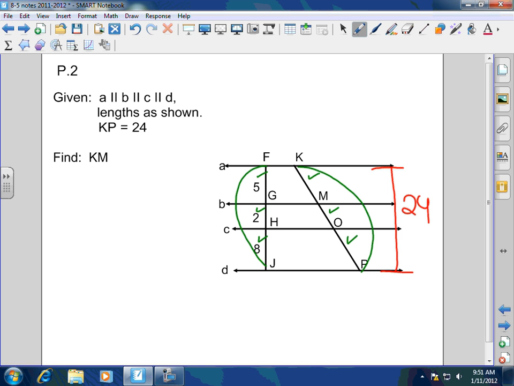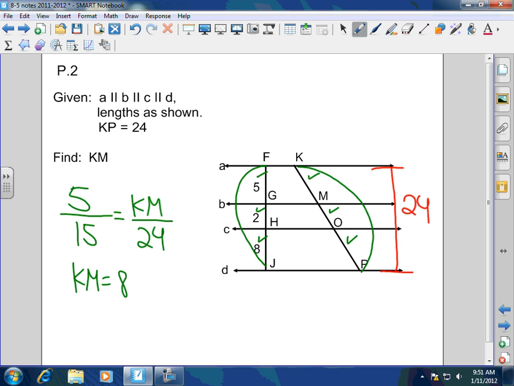So let's take the individual pieces of what we know, set them up to what we need to know. So I have FG, which is 5, to FJ, which is 15. Well, that must equal KM to 24, which corresponds to FJ. Go ahead and cross multiply here, gentlemen, and we are going to get KM equals 8.